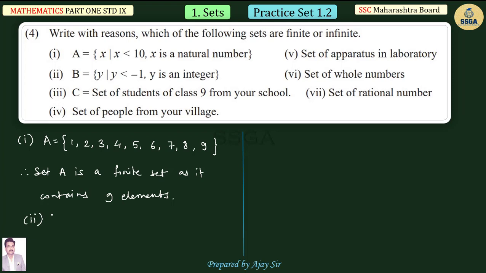Set B contains the numbers which are less than -1, meaning -2, -3, -4, -5, and so on. All these numbers we will write in that set, and these are infinite numbers.